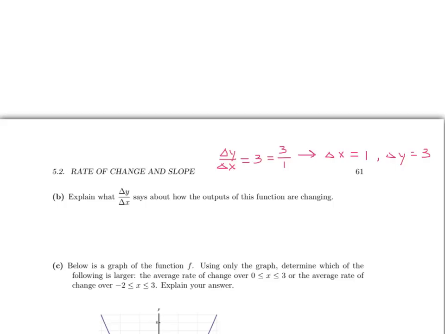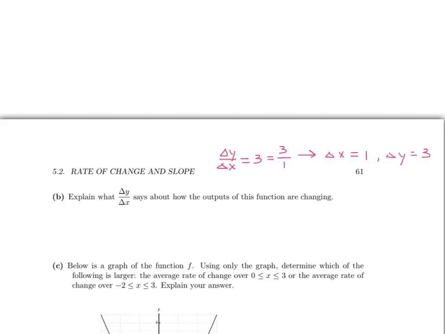So our input variable has increased by 1 unit, and our output variable has increased by 3 units. So this ratio is telling us that whenever x increases by 1 unit, y, the dependent variable, should increase by an average of 3 units.